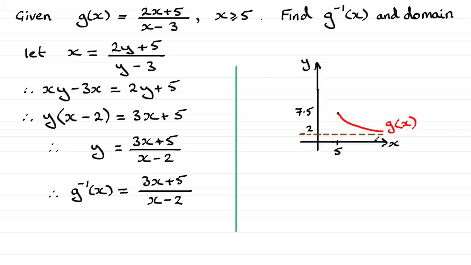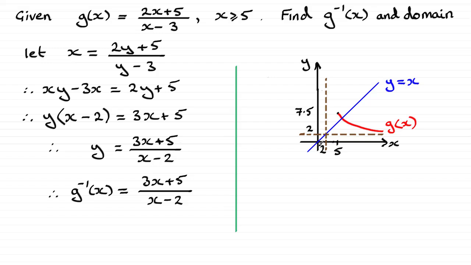if you have the graph, in this case of g of x, which we worked out in the previous part of the question, then if we reflect this in the graph y equals x, this diagonal here, then this asymptote here becomes a vertical asymptote, and if I draw that in, that asymptote is x equals 2.